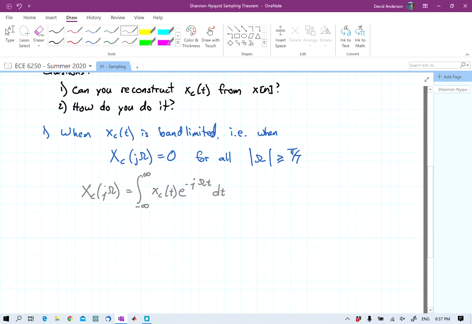Okay, so a few things. Excuse me, this e to the minus j capital omega t is a complex exponential. j is the imaginary number.